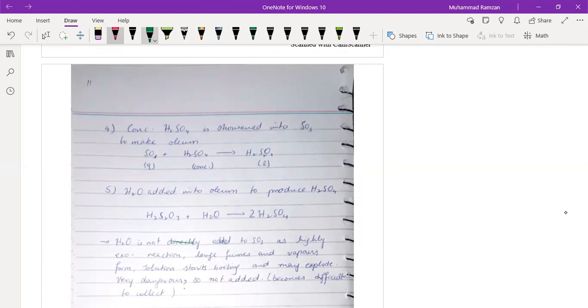But we don't practice this, mixing SO3 with H2O. Rather, we react SO3 with concentrated H2SO4 to get oleum. Then oleum is changed into H2SO4. Can you tell me the answer?